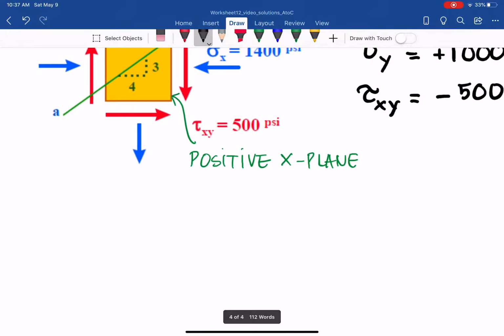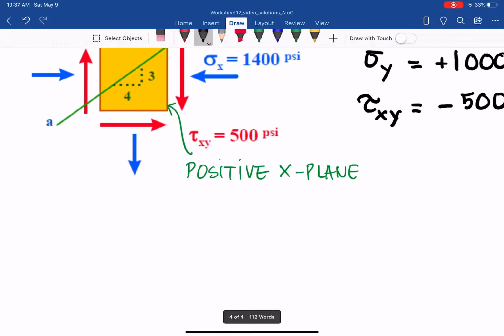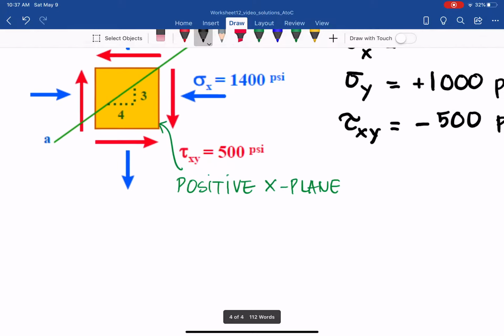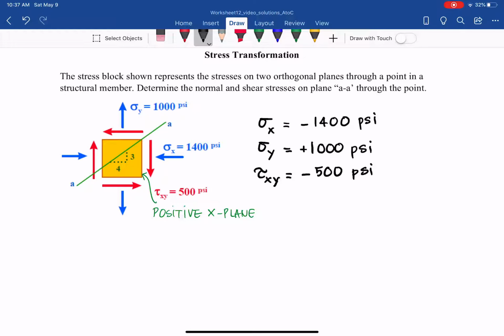Tau xy, as I mentioned earlier: the x stands for the plane, and the y stands for the direction of the tau. So the tau on the x plane, and y stands for the direction of the tau, in the y direction.